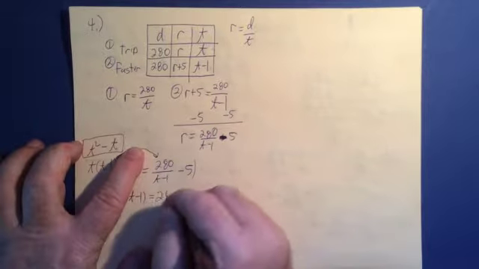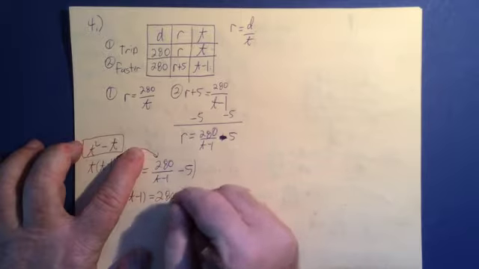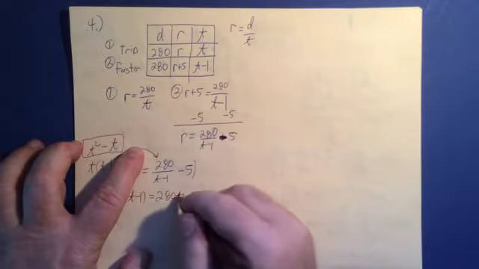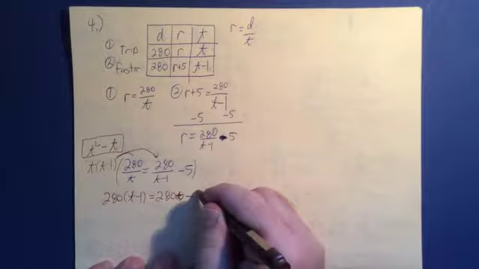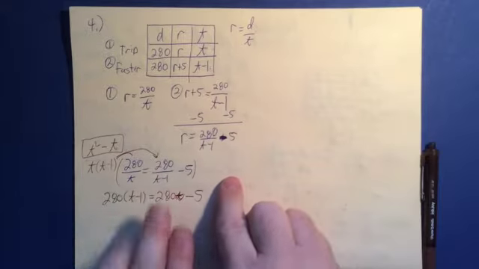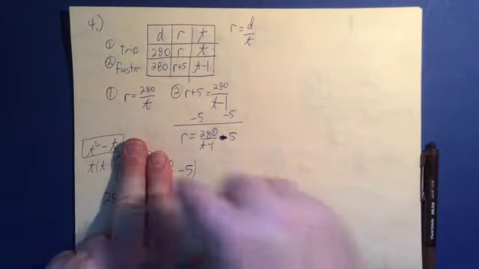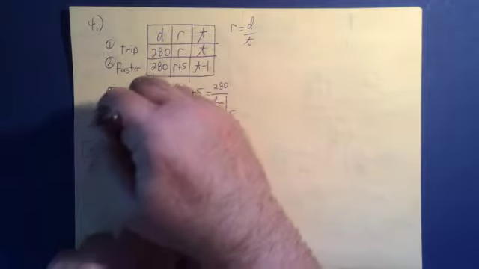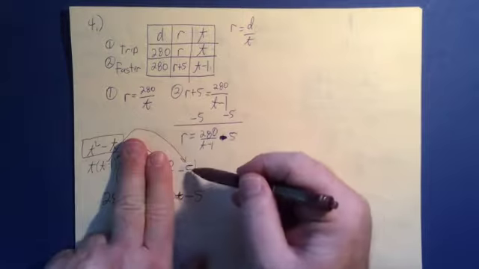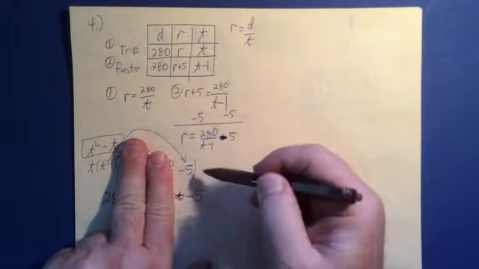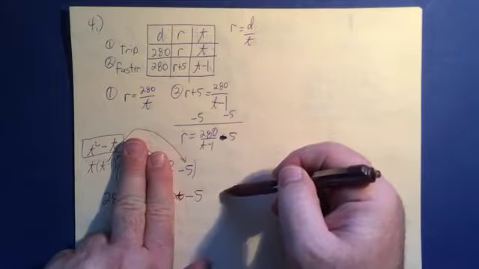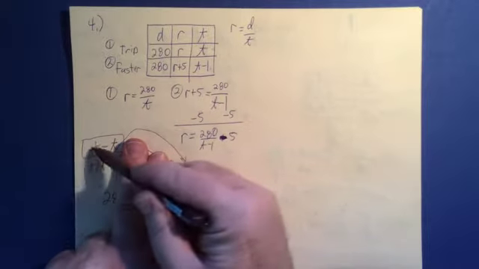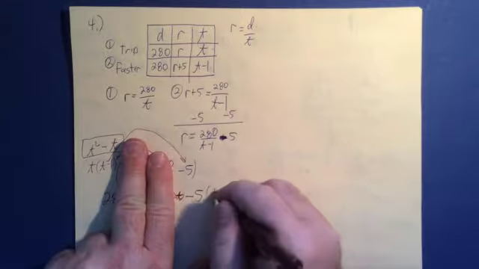So I'll just write this as 280t. Now, when I have minus 5, I notice that when I multiply t times t minus 1, nothing reduces. So instead of putting t times t minus 1 here, I'm going to just put the product of this, which is t squared minus t.